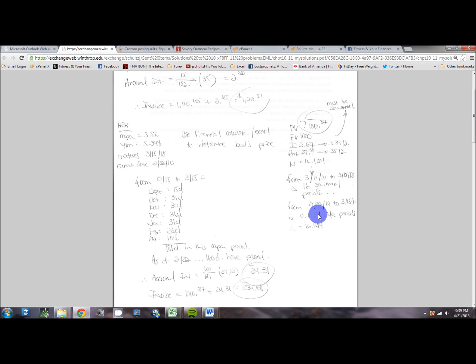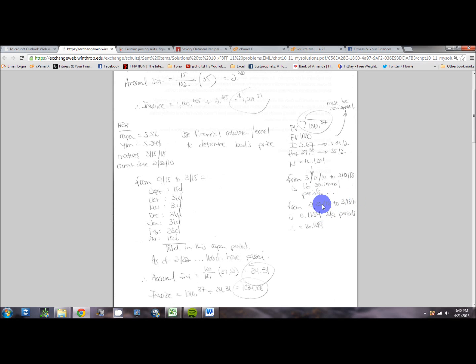So that's where the 16 comes from on the left side of the decimal. From February 22nd, which is the current date, up to March 15th, there is 21 days in that window. 15 days in March, 6 days left in February, 23, 24, 25, 26, 27, 28. So that's 21.